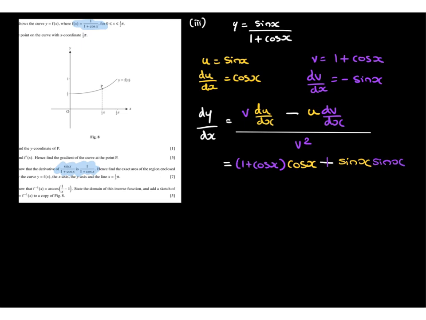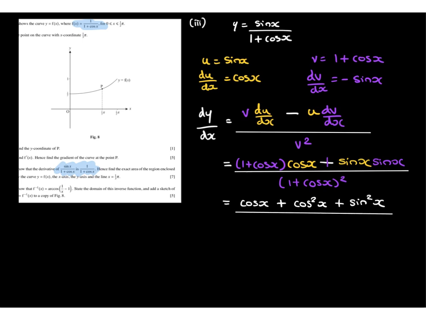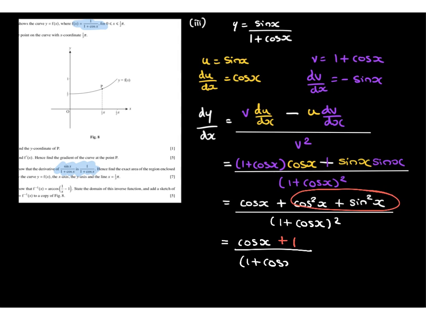Now this is all over our denominator of v squared, which is 1 plus cos x all squared. Let's simplify the numerator. So cos x plus cos squared x plus sine squared x all over the denominator of 1 plus cos x all squared. So remember, cos squared x plus sine squared x is equivalent to 1. So this is cos x plus 1 over 1 plus cos x all squared.